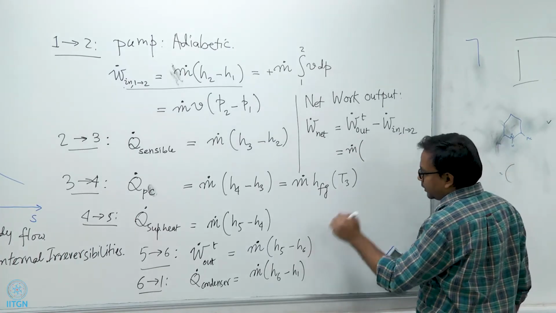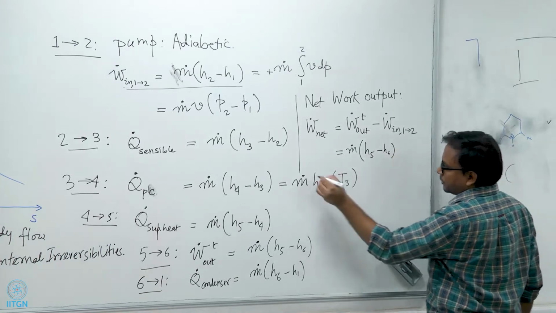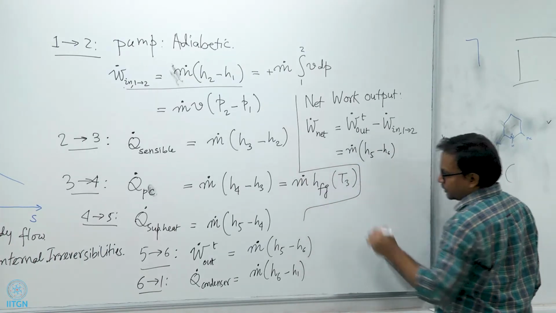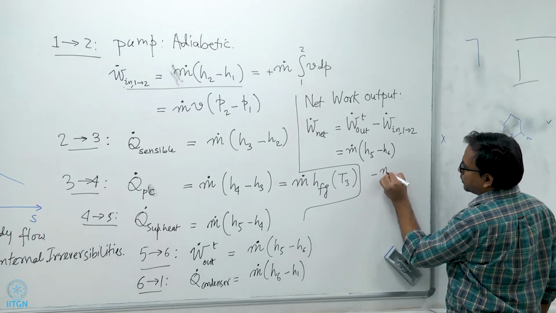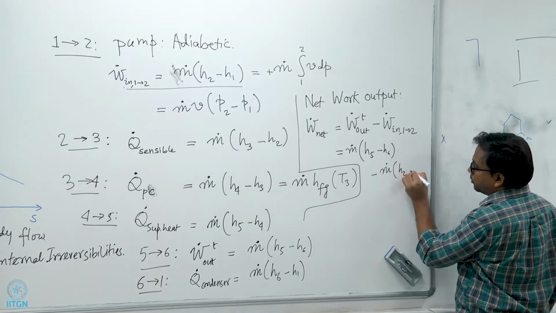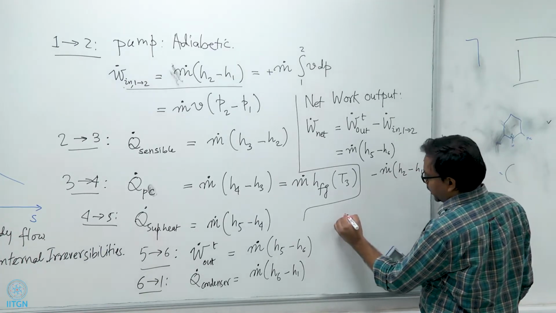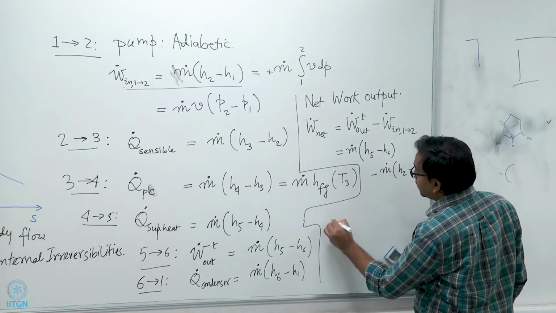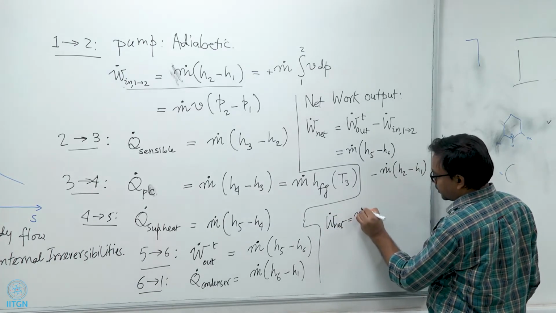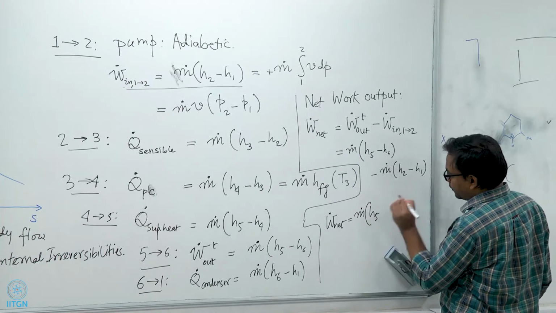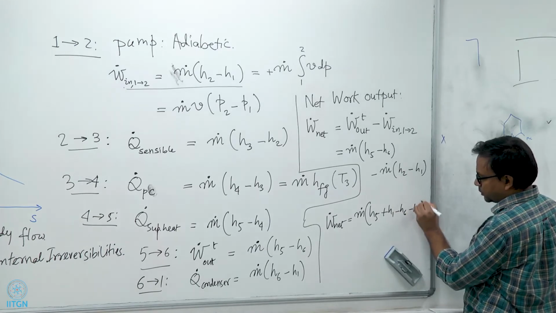We know that for the turbine W dot out is m dot times H 5 minus H 6, and W dot in is m dot times H 2 minus H 1, and so you can do the calculation further, and this W dot net comes out to be m dot times H 5 plus H 1 minus H 6 minus H 2.